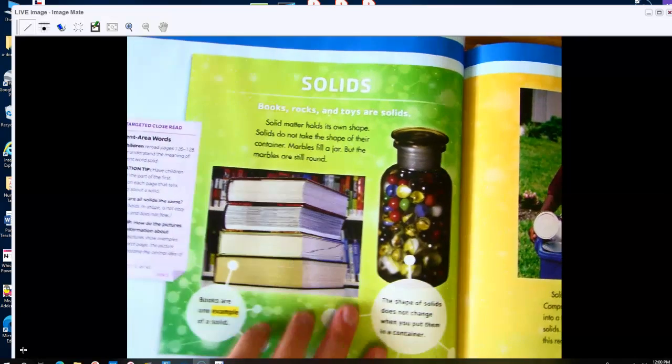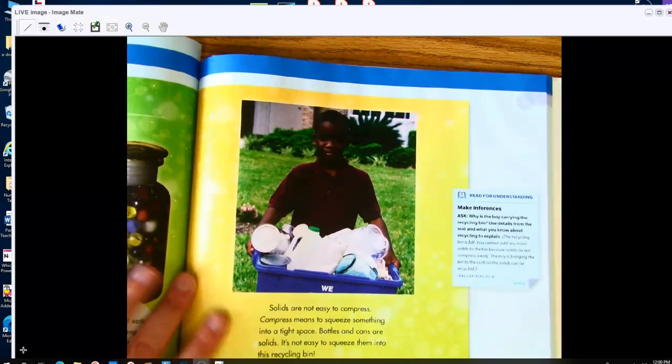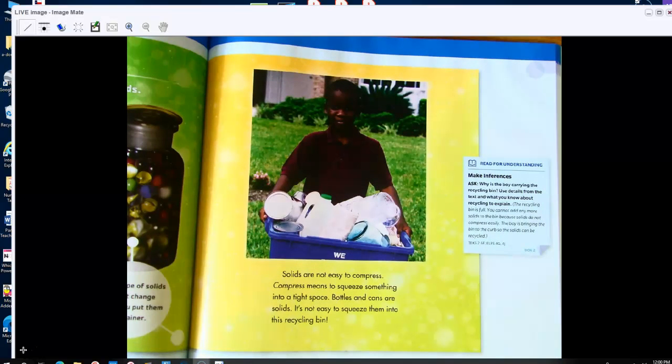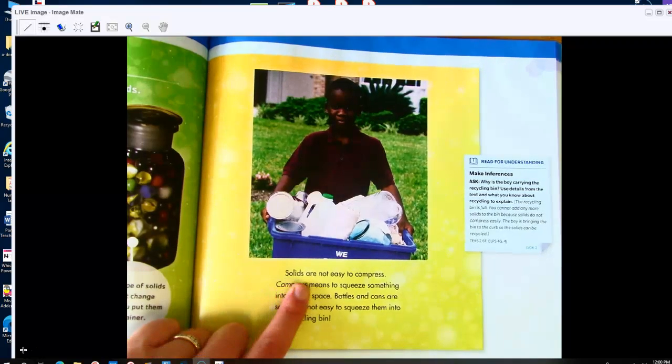Okay, let's see if we can find something else to underline about solids here. Solids are not easy to compress. Compress means to squeeze something into a tight space. Bottles and cans are solids. It's not easy to squeeze them into this recycling bin. So what do we learn about solids here? What can help us understand the word solids? What do we learn, Emma? Solids are not easy to compress. Okay, let's underline that.